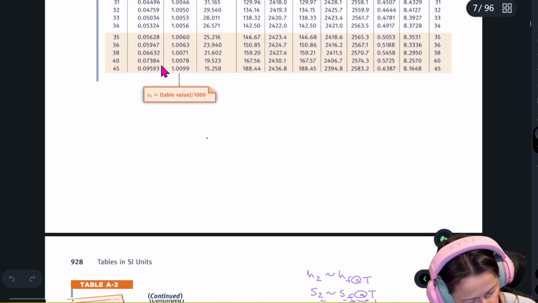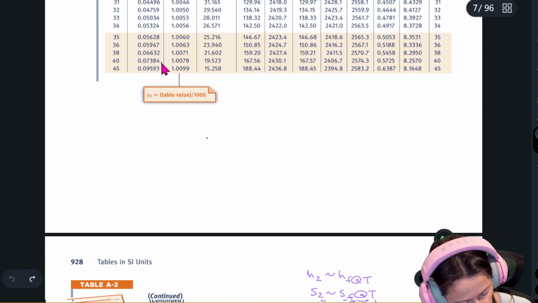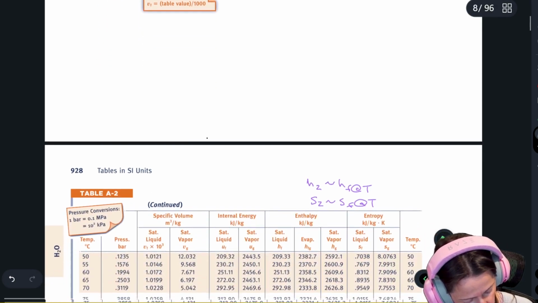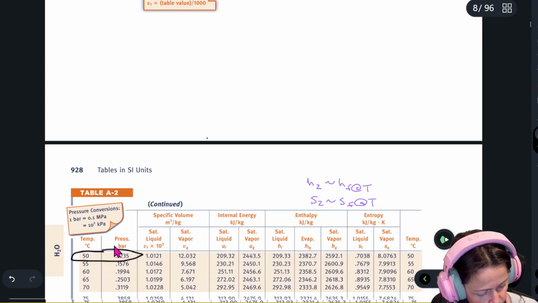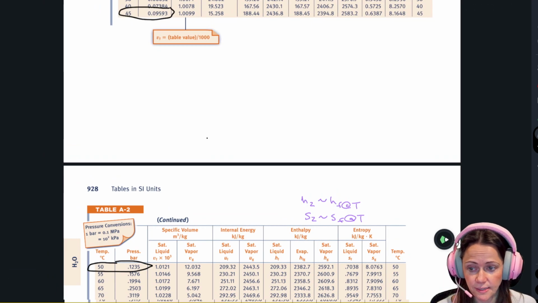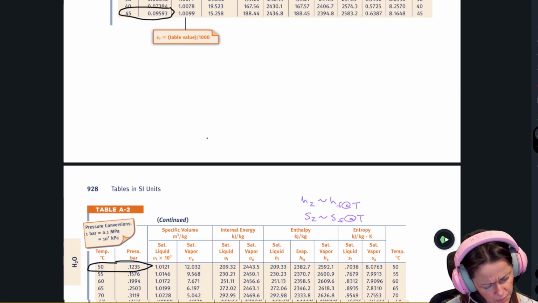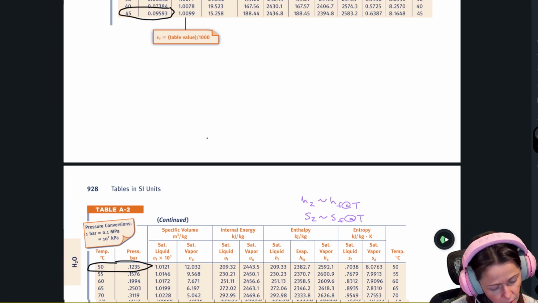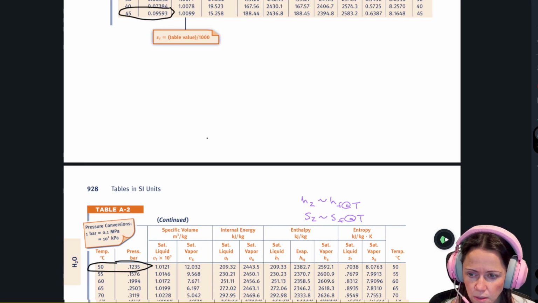So 0.107 would be between 45 degrees Celsius and 50 degrees Celsius. So it's closer to 45 than it is to 50. But yeah, so you can interpolate. Actually, it looks like it's right in between, isn't it? 0.107.